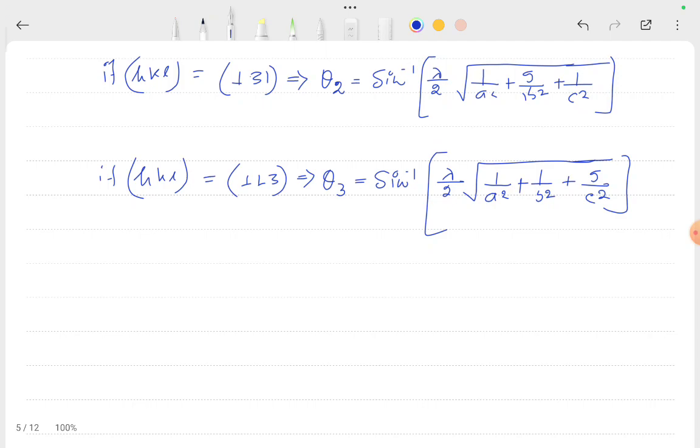So the peak splits into a triplet when the FCC crystal is transformed to an orthorhombic crystal. For the same plane we get more peaks. This is a very important point. Please remember this. Please take a note.